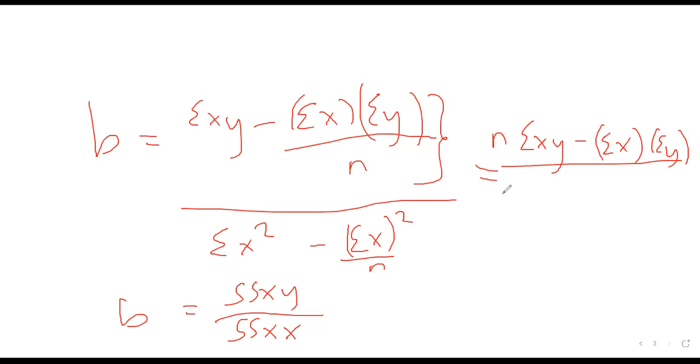We have n summation of x squared minus summation of x to the power 2. So all these three formulas are simply going to give you the same answer regardless of whatever you use.